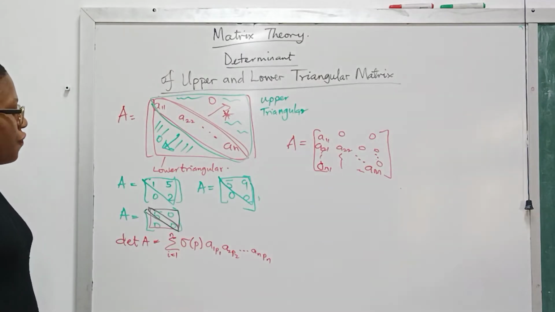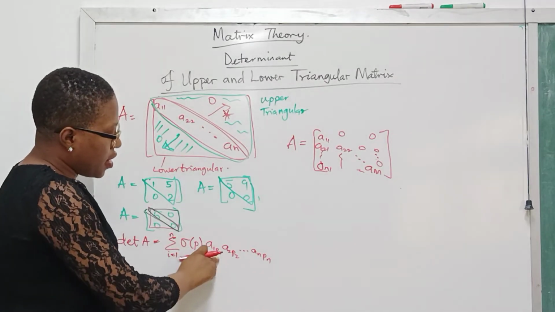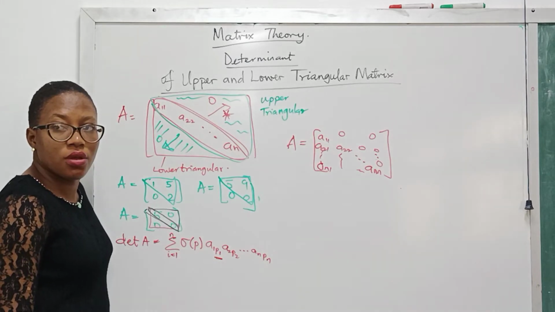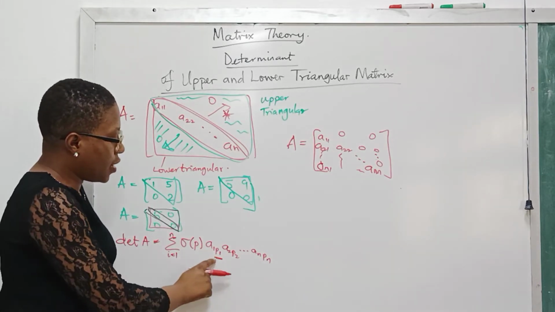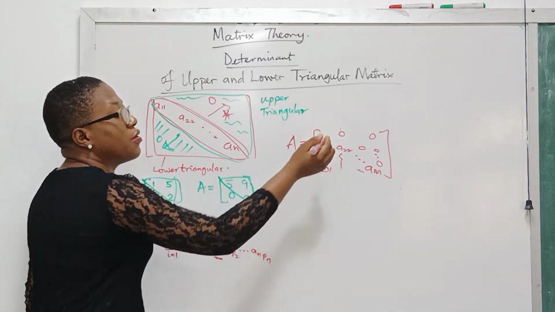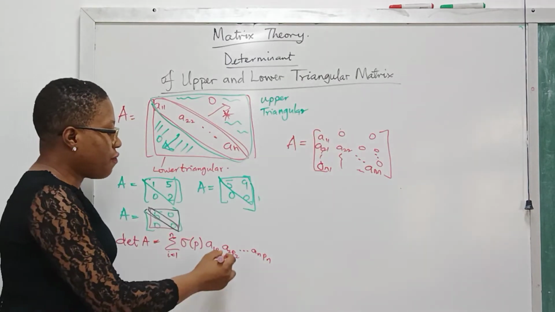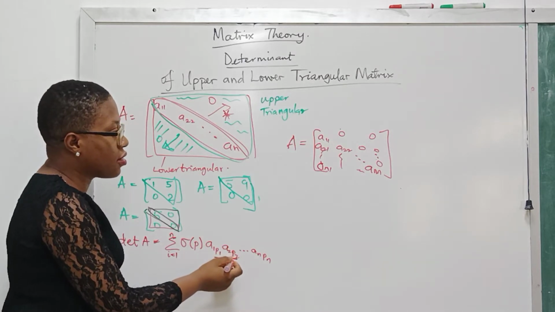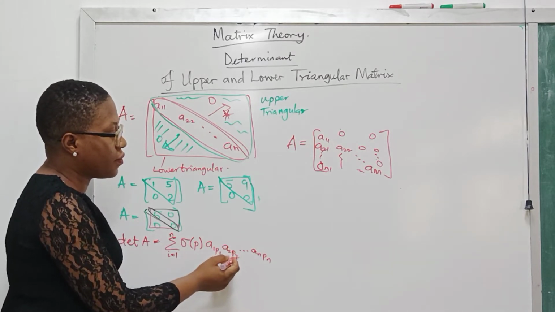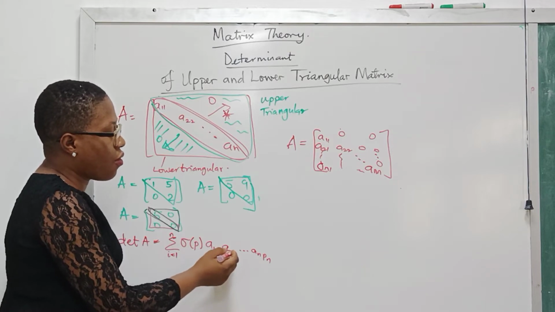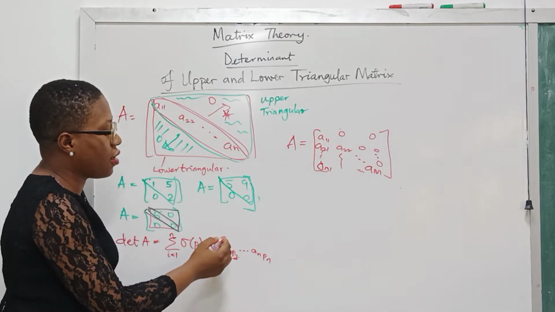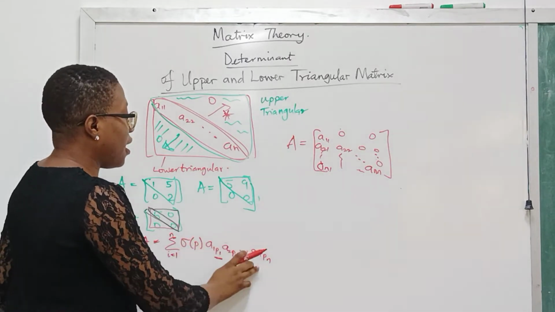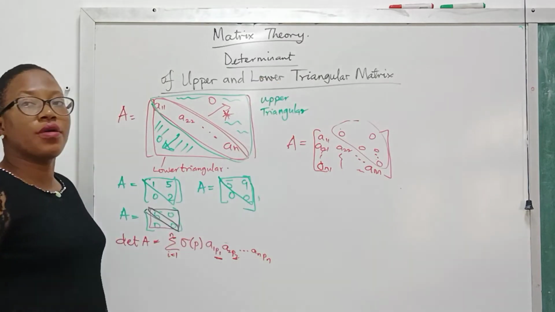Now, if P1 here is 2, we have A12, which is 0. If P2 here is 3, what we have is 0. In fact, anytime this product has one element of the upper part of the triangle, you have 0.